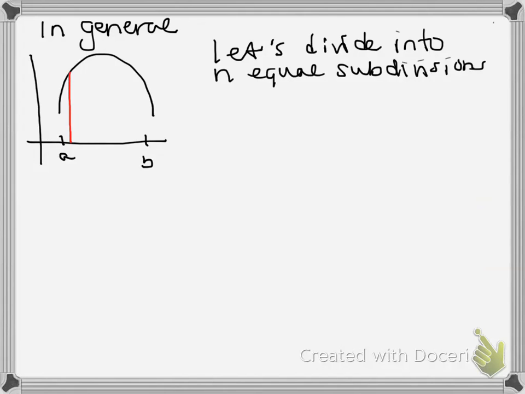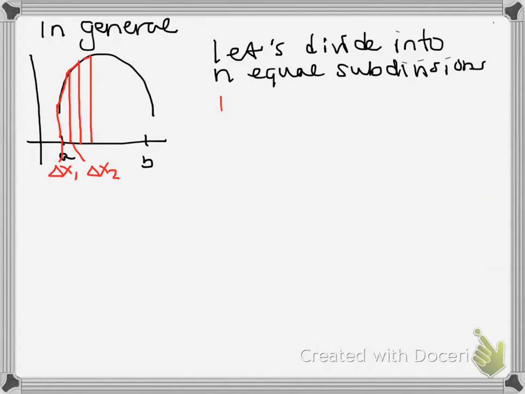So that could be delta x1, delta x2. When I'm saying delta x, I mean for my width. So I have all of these trapezoids forming in here, where I have delta x1 right there, delta x2, and so on and so forth.